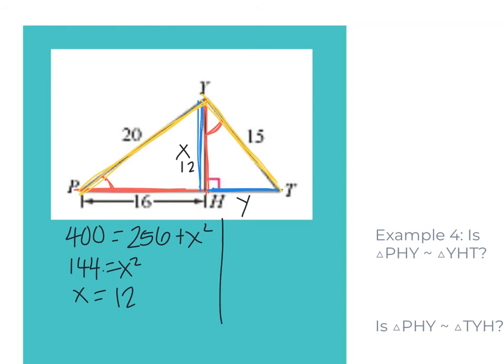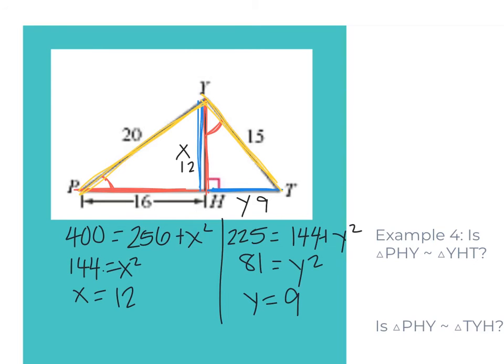Do the same thing to solve for y. 225, 15 squared, has to be 144 plus y squared. So 81 equals y squared. So y must be 9.